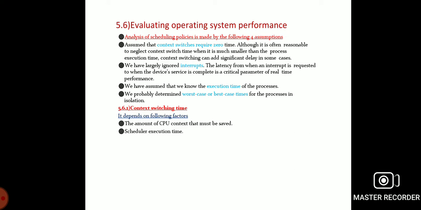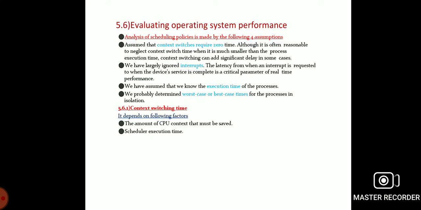The latency from when an interrupt is requested to when the device service is complete is a critical parameter of real-time performance. We have assumed that we know the execution time of the process. We can probably determine the worst case or best case time for the process in isolation.